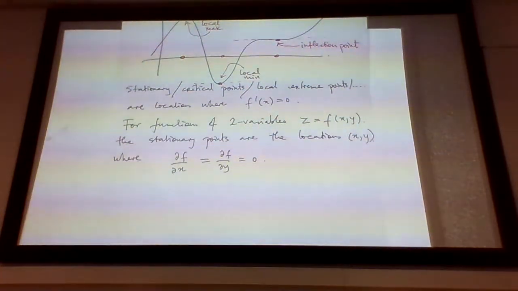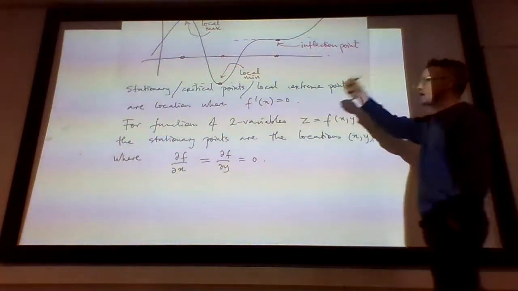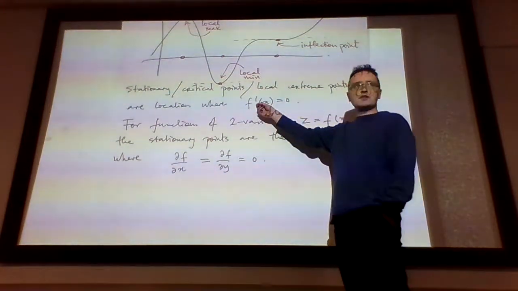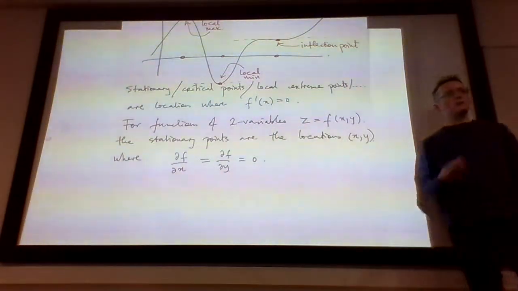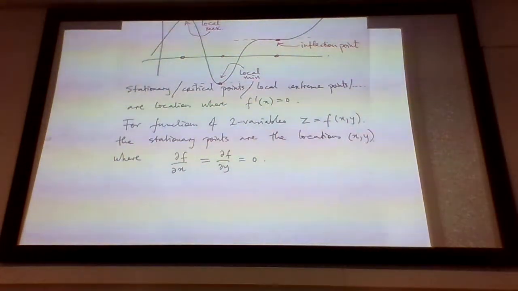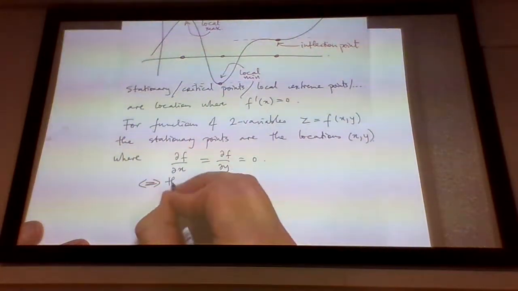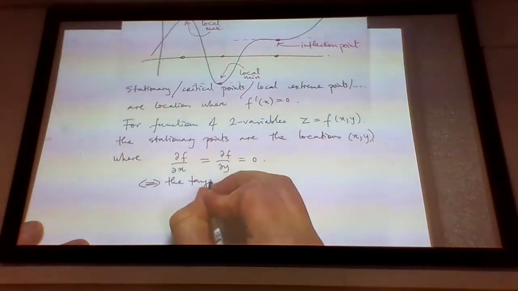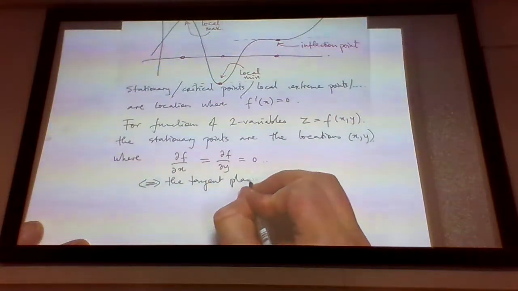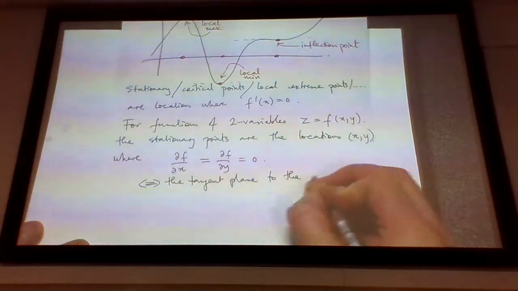Okay? So previously in the single variable case, it was where the first derivative of the function was 0. But now when we've got functions of 2 variables, of course, there are 2 first-order partial derivatives, df/dx and df/dy equals 0. This corresponds to the tangent plane to the surface.